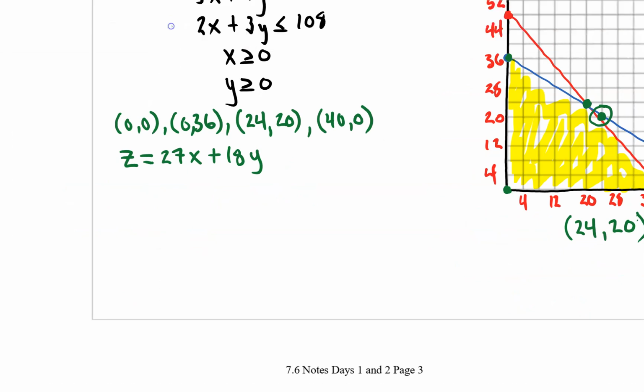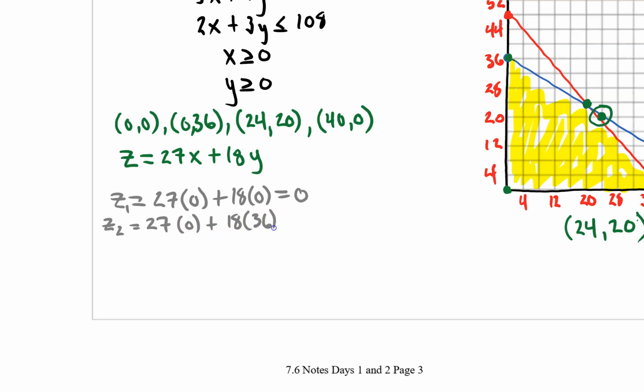So I go here and I just say Z is equal to 27 times 0 plus 18 times 0. That gives you 0. That's for Z1. Z2, that's going to be 27 times 0 plus 18 times 36. That's going to give you 1,008.